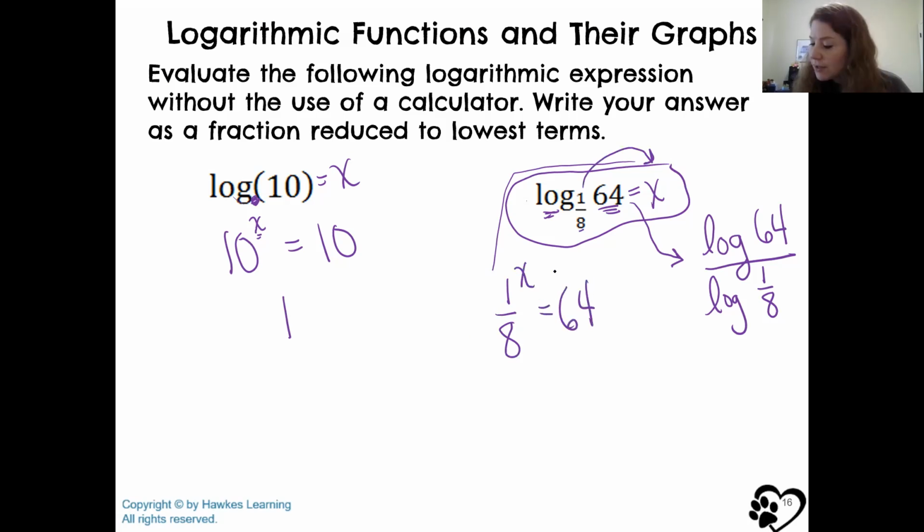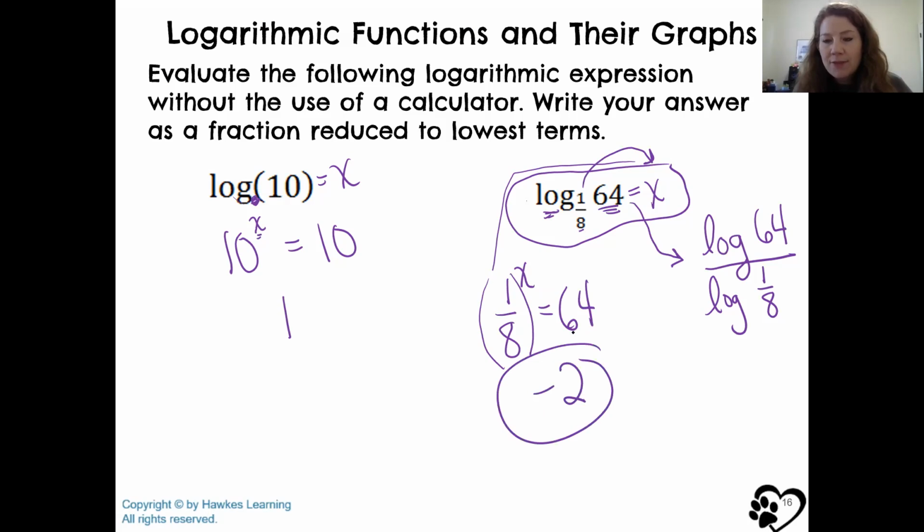And then I would challenge you to think of what number our exponent would have to be to flip this guy, flip it, right? Well, how do you flip a fraction? You'd have to have a negative exponent. So wouldn't that be -2? Is 1/8 to the -2nd power 64? It is. All right, but anyway, so that's the right answer. However, let me just continue since I started talking about this.